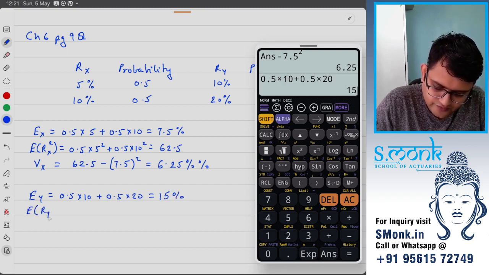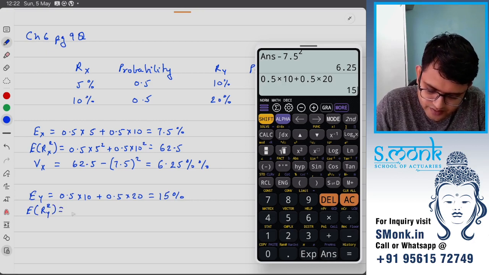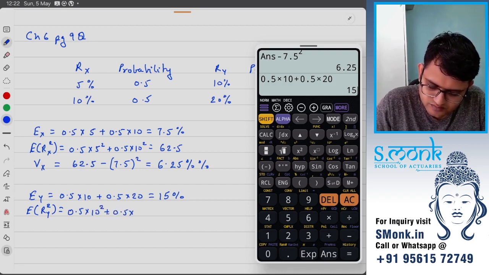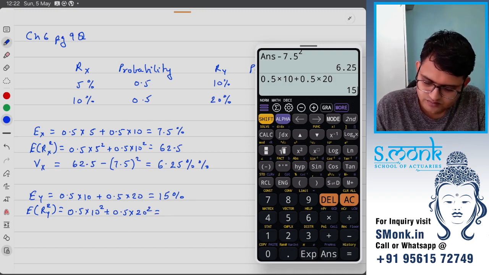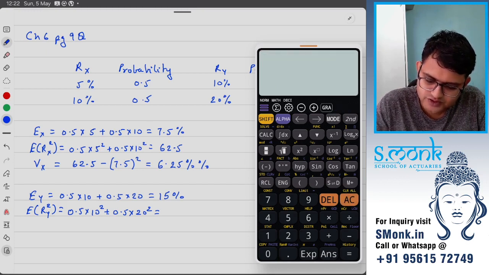Expected value of Ry square, we just use the previous equation, square them.